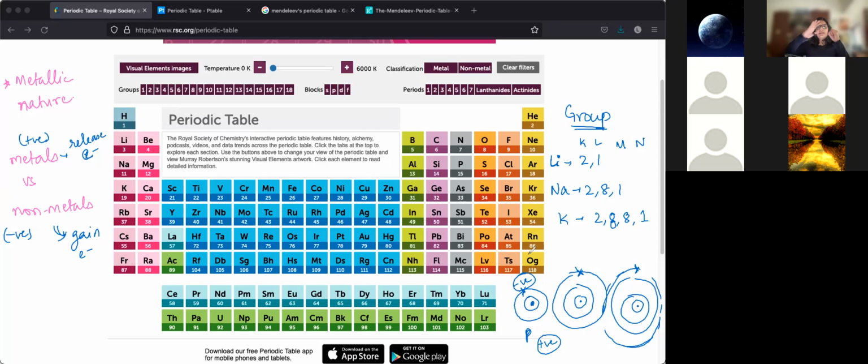If an electron is in a shell and I want to take it out, I need to get over this attractive force. If you compare lithium, sodium, and potassium, do you think the force of attraction will be equal or will it change? It will decrease from top to bottom.